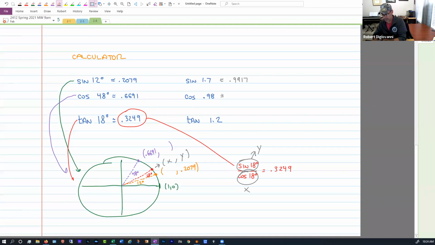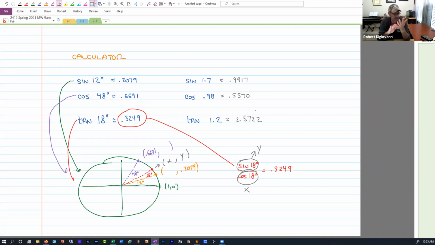Cosine of 0.98, I get approximately 0.5570. And then tangent of 1.2, you get about 2.5722, something like that. All right, you all good? This is just a calculator exercise, that's it.